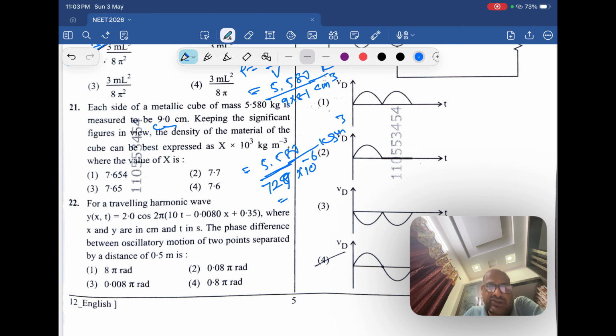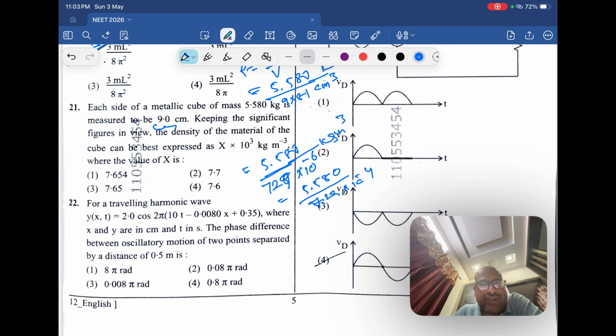That means you can take this as 5.580 divided by 2 significant figures, then multipliers 2, so you can write it as 7.29 into 10 power minus 4, with 2 decimals.